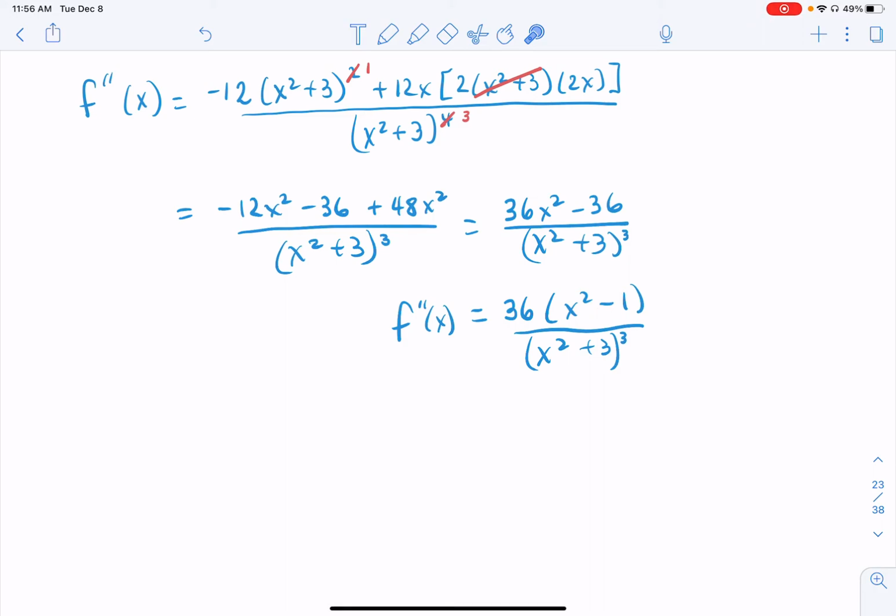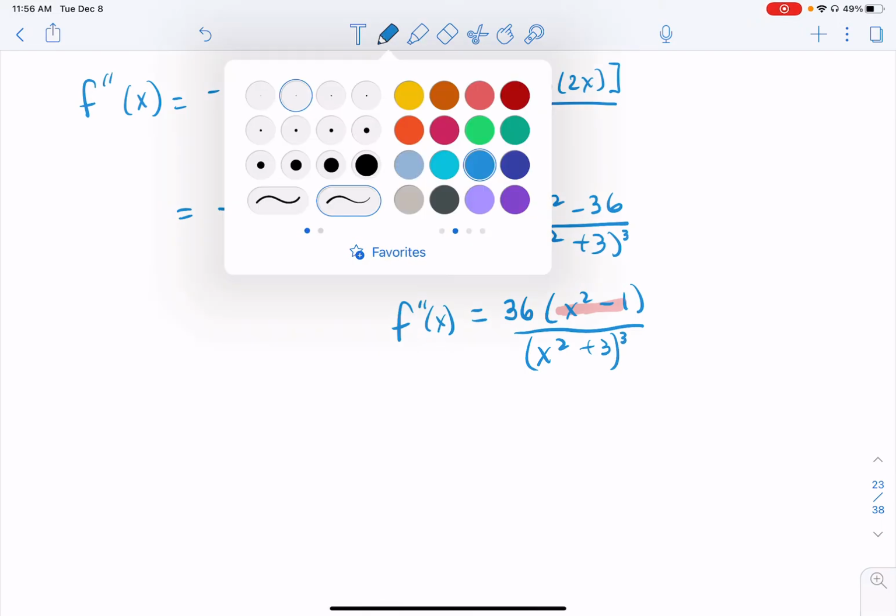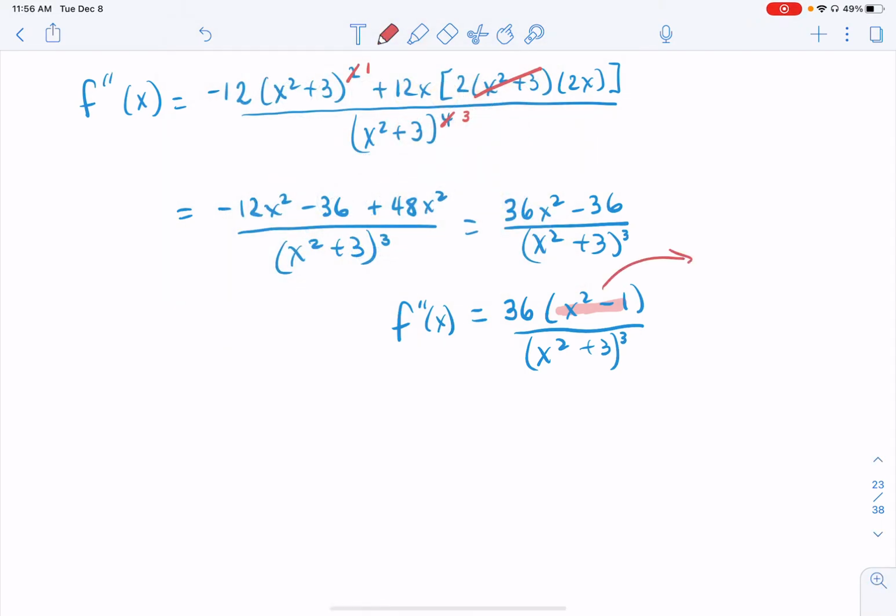It's x squared minus 1 is equal to 0. I could put the 36 in there, but I'd just be dividing both sides by 36 and it'd disappear. So x squared is equal to 1, x is equal to plus or minus 1.